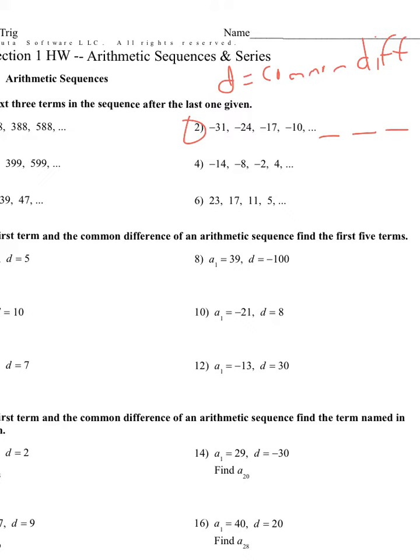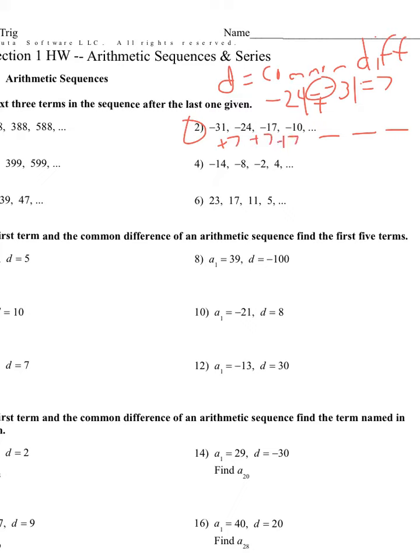So for instance, I could figure out my common difference here for number 2 if I took negative 24 and subtracted my first term, negative 31. Now that becomes add. So in this case, it's equal to 7. And if you notice, we're adding 7 to get from term to term.